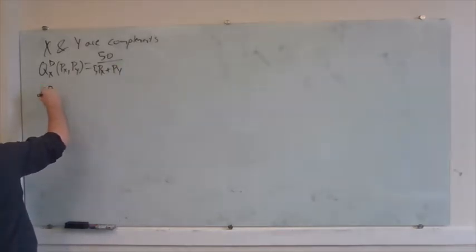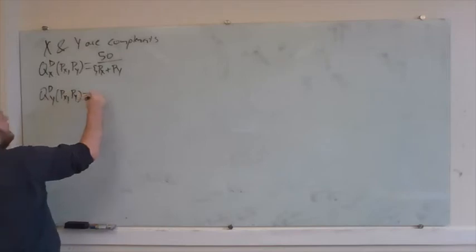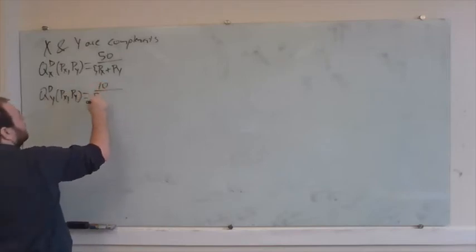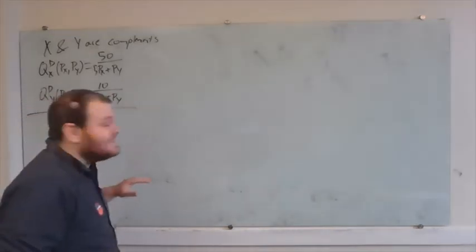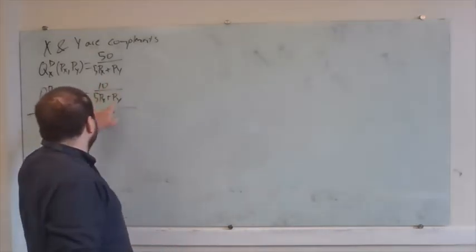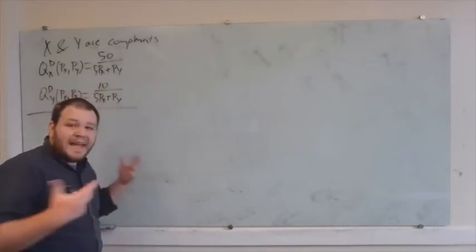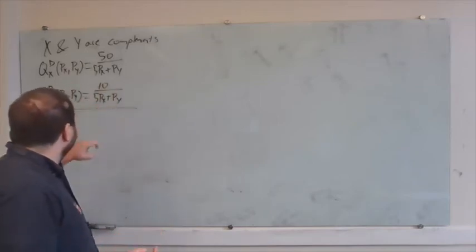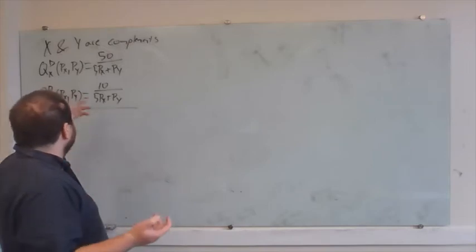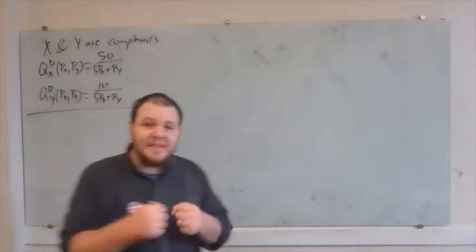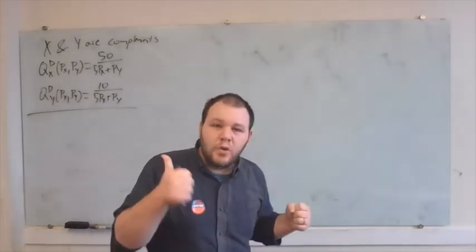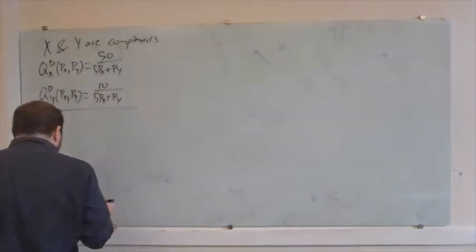And the quantity demanded of Yeslinti for px and py equals something like 10 over 5px plus py. So the important point here is that when the price of Zolifil goes up, demand for Yeslinti goes down, at any given price px, py. When the price of Yeslinti goes up, demand for Zolifil is going to go down, because these two goods are complements.